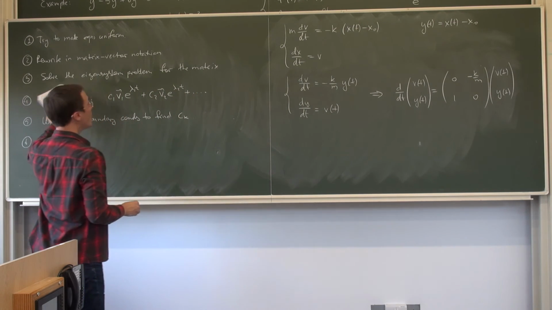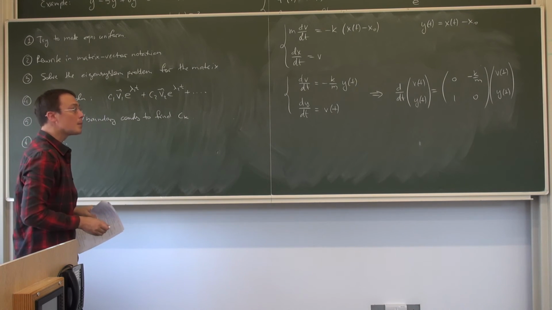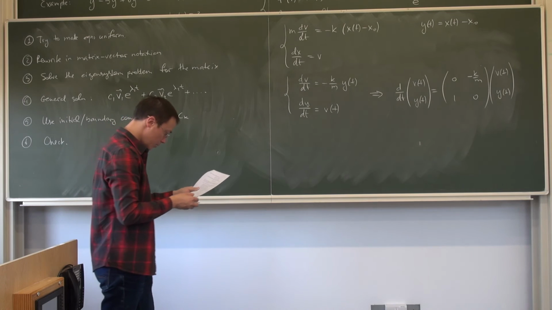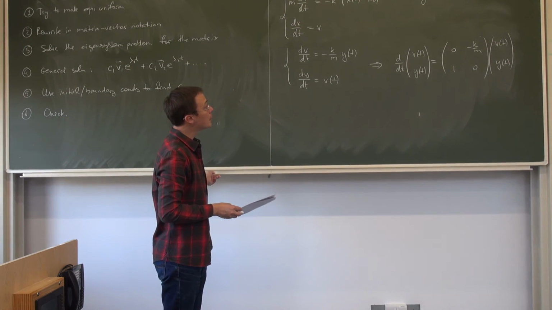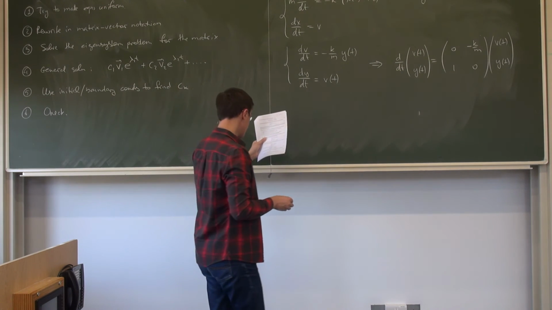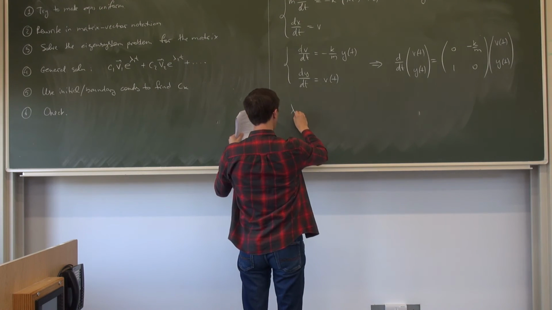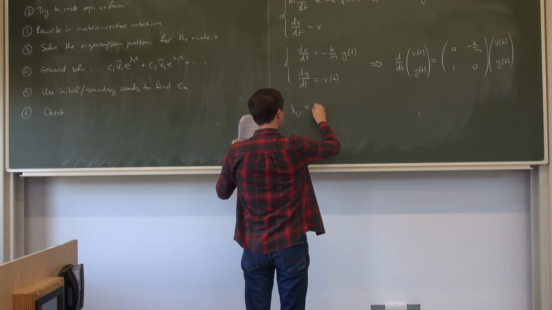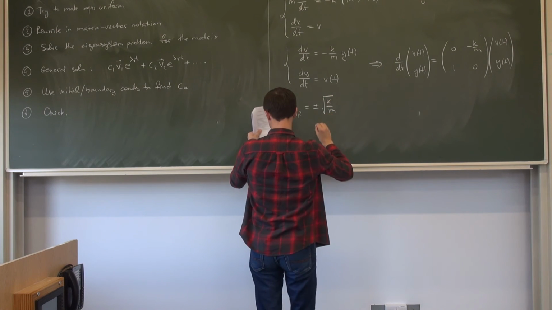Okay, we are now at item 3. Solve the eigensystem problem for that matrix. Now you know how to do it. I will not trundle painfully through the process; I will just write down the solutions. Lambda 1 and 2 are plus and minus i root k over m.